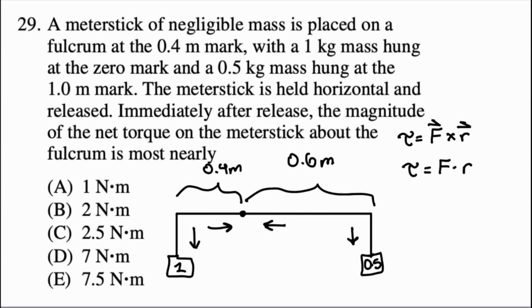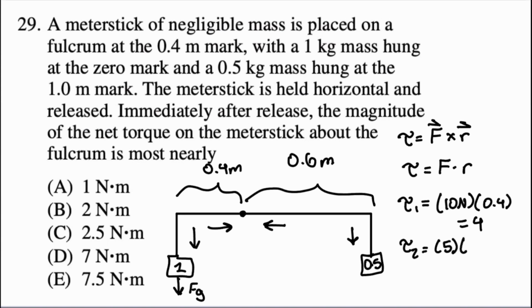It's just going to be torque equal to F times r without the sign. So T1 is going to be equal to 10 newtons. That's the weight, because down here, this is Fg. So the weight is 10 newtons, the mass times g, times its distance from the fulcrum, which is 0.4. This is going to be equal to 4. And T2 is going to be equal to 5.